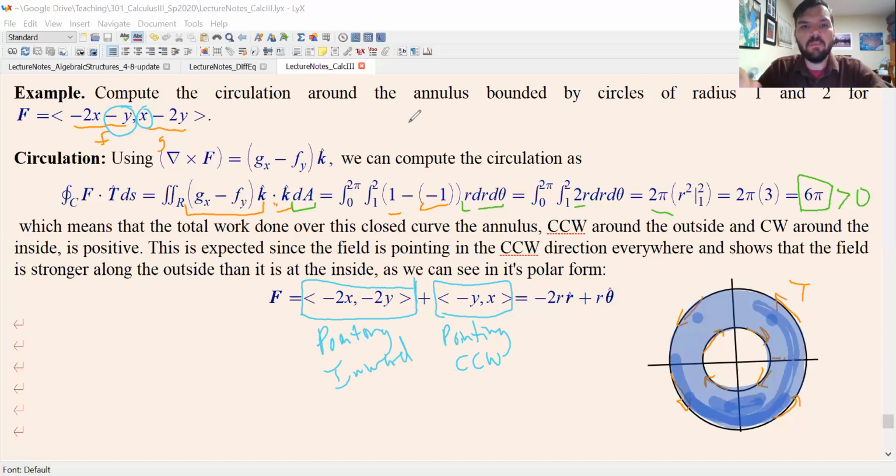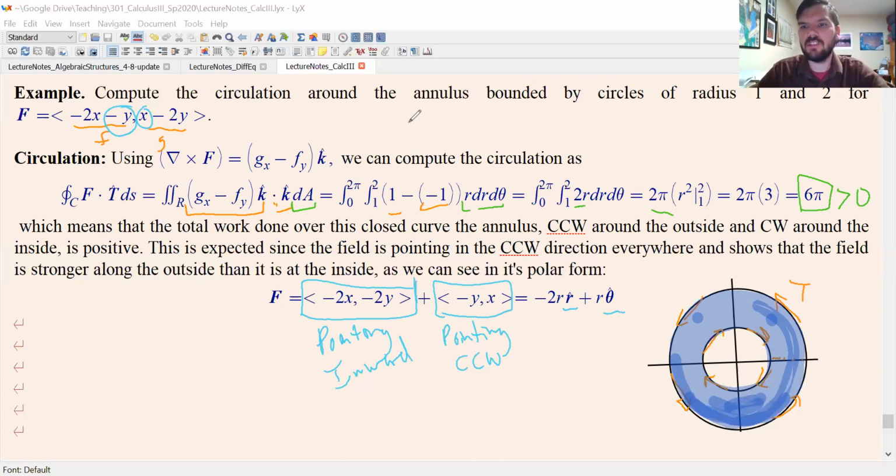And if we want to be even more careful, we can divide by r and multiply r correspondingly to write this in terms of the radial and angular unit vectors. And we see that not only is it pointing inward and pointing counterclockwise, but that the vectors for the vector field f grow with distance.